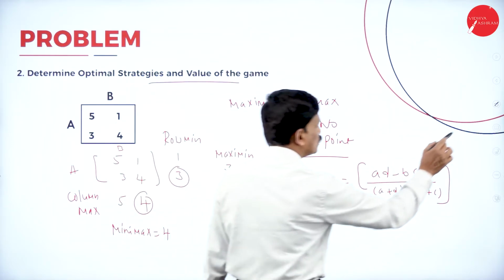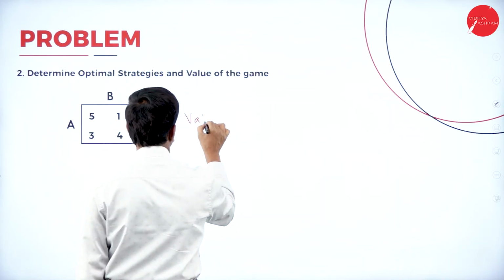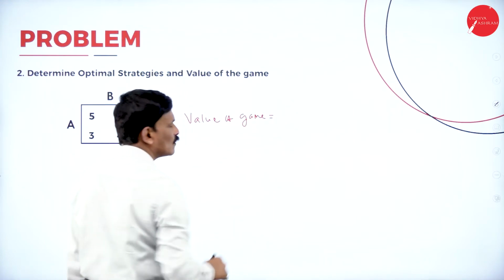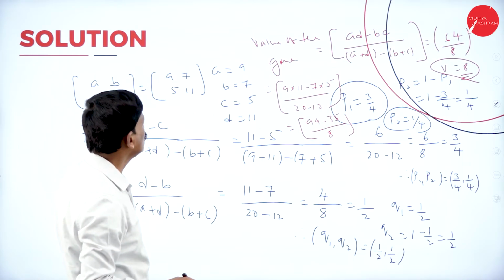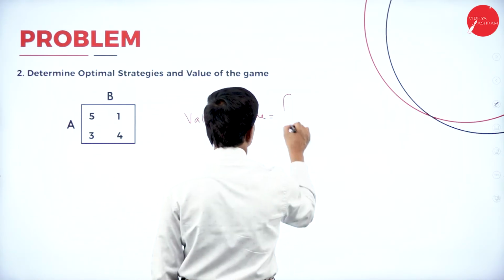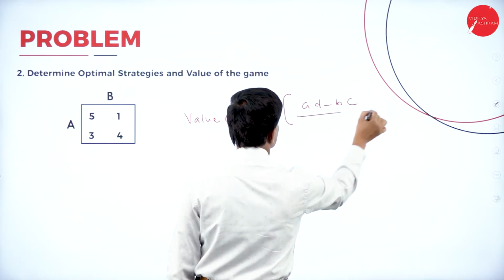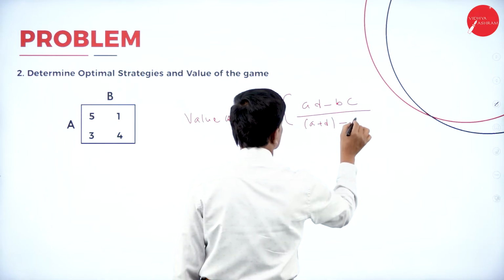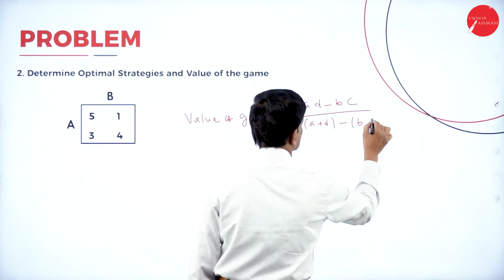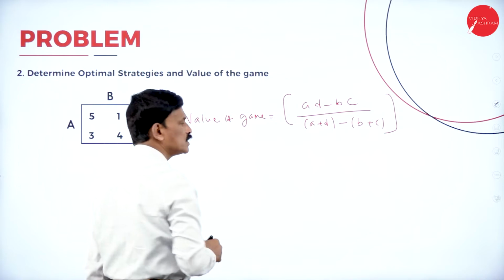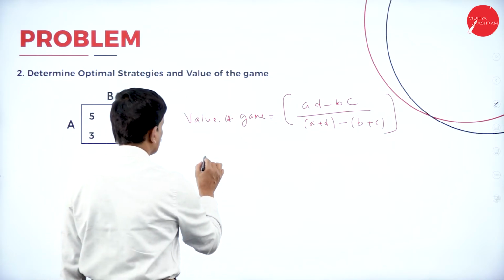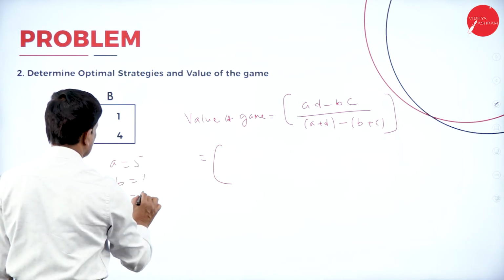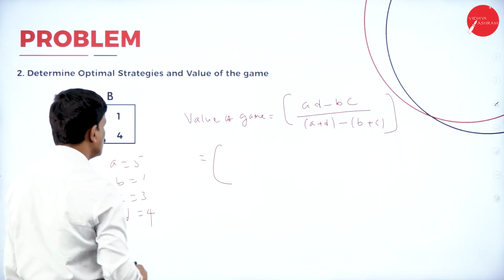Let me go to the next page. The value of the game is equal to, what is the formula? We know AD minus BC divided by A plus D minus B plus C. So this is the value of the game. Now we know A is 5, B is 1, C is 3 and D is equal to 4. Substitute here.